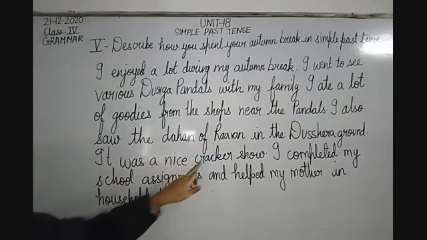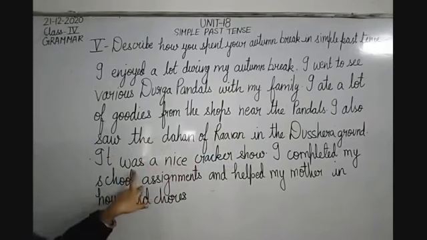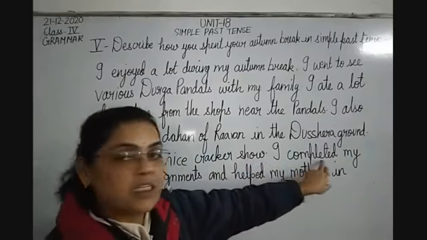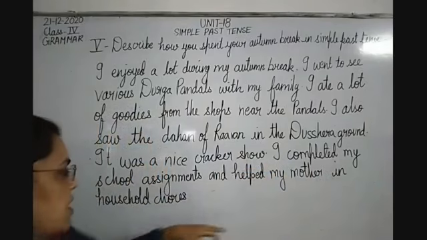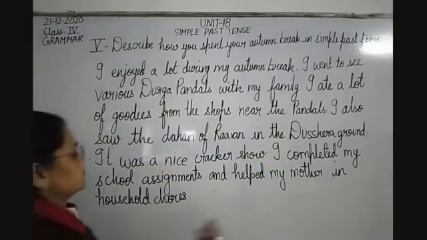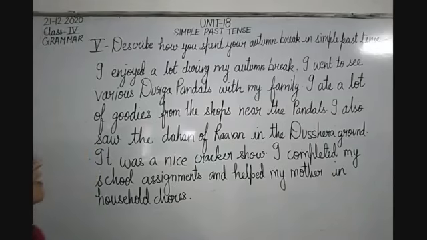It was a nice cracker show. Was again past tense. I completed my school assignments and helped my mother in household chores. Now, completed past tense and helped in past tense. So with this, we have finished all the exercises of Unit 18, Simple Past Tense.